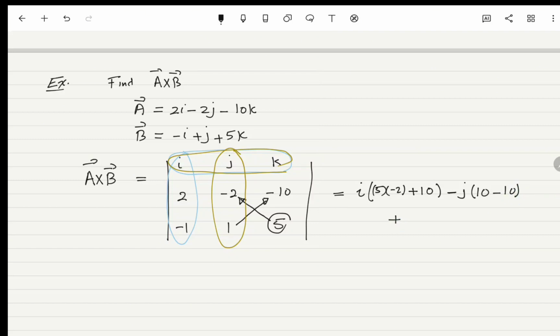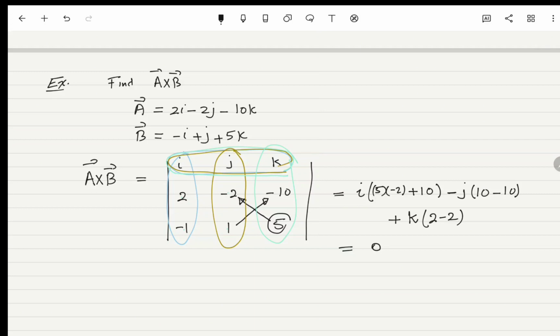The third component is, you cover this row with this column, and you multiply this with this, minus this with this, you will get k. Now 1 times 2 is 2, minus minus 1 times minus 2, it's 2 minus 2. So the result equals 0. So A cross B equals 0.